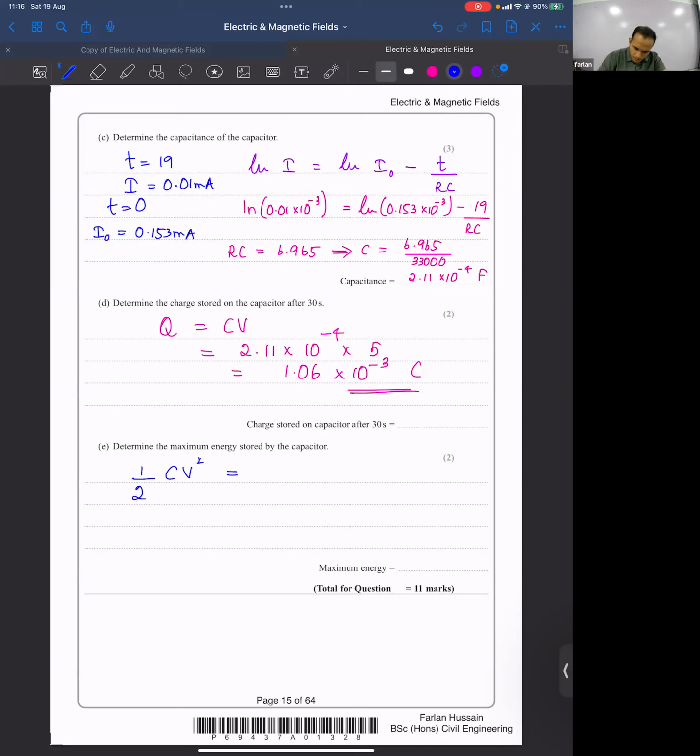If I use half CV squared, it is half into C, which is 2.11 into 10 to the power minus 4, and V is 5 squared. Maximum energy stored is when the capacitor is fully charged. That will be 2.64 into 10 to the power minus 3.